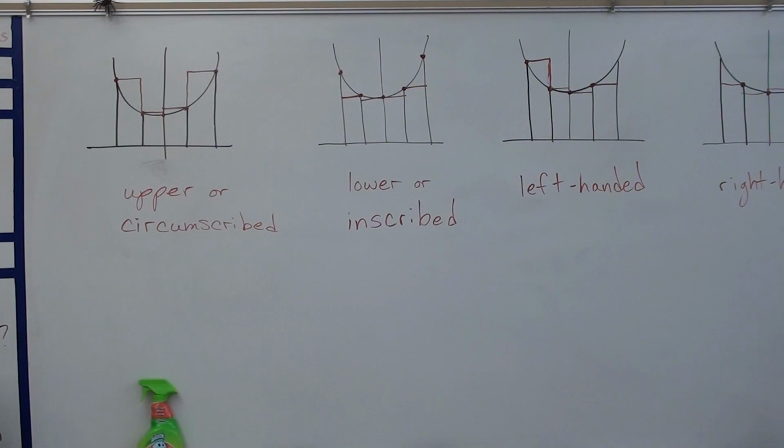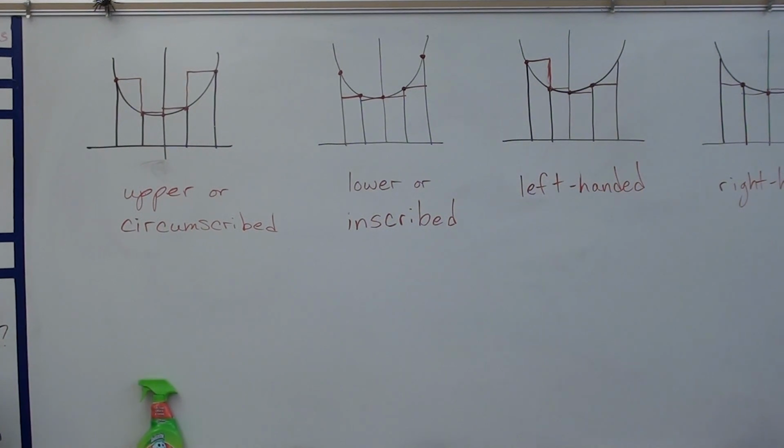All right, there's one more type of rectangle. Then there's another shape we're going to learn tomorrow. We've done above, we've done below, we've done left, we've done right. In between. Yes, that's exactly right.